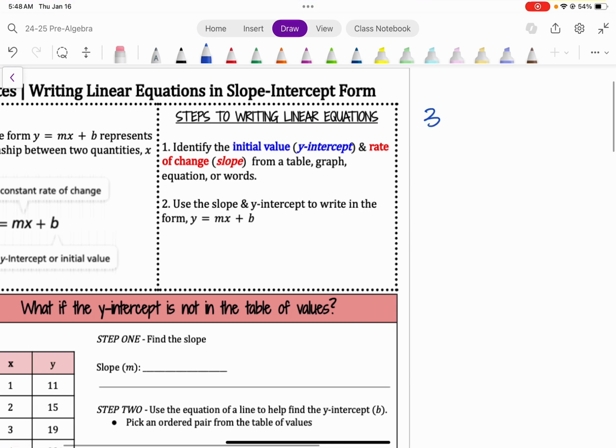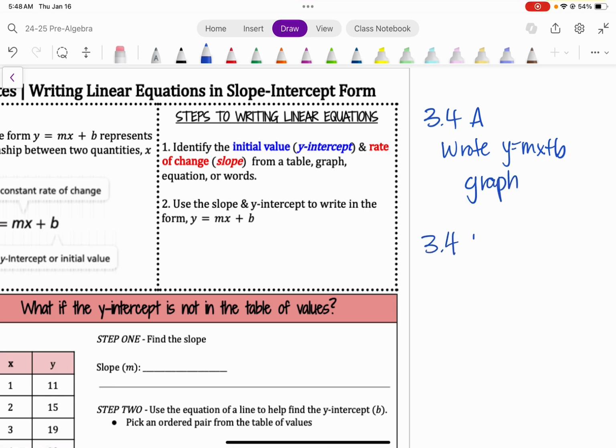As a reminder, in 3.4a, we wrote equations when we were given a graph. In 3.4b, we wrote equations from a table, and then we wrote it from 2 points.